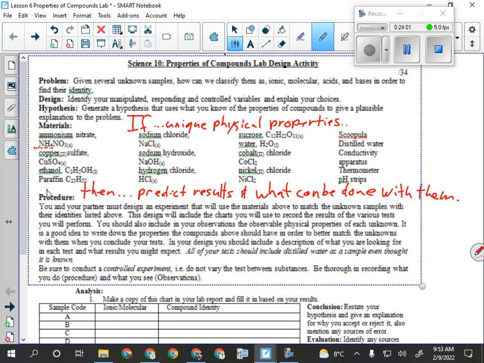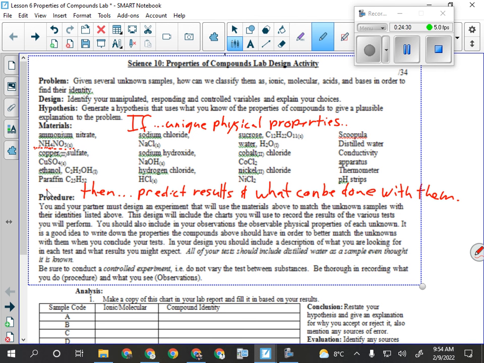The one thing I am going to tell you about ammonium nitrate is this. Has anyone ever used one of those cold packs where you pop the little water bladder and then shake it and it gets cold? Ammonium nitrate is the active ingredient in cold packs. It's a crystalline solid. They put it in there and there's a little water bladder inside the cold pack. When you rupture it, the water gets out and starts to dissolve the ammonium nitrate.